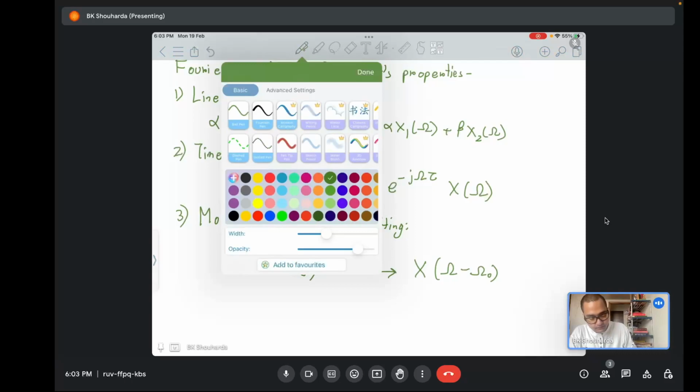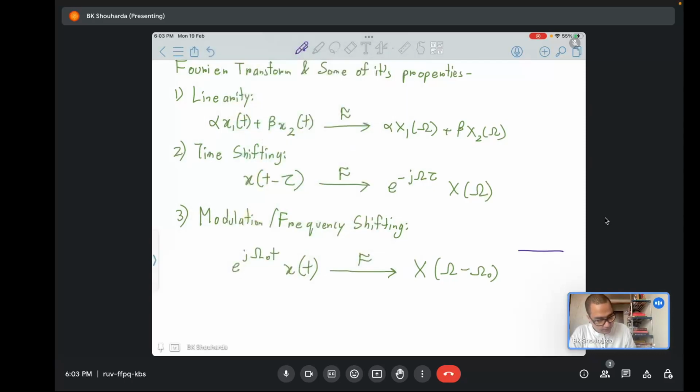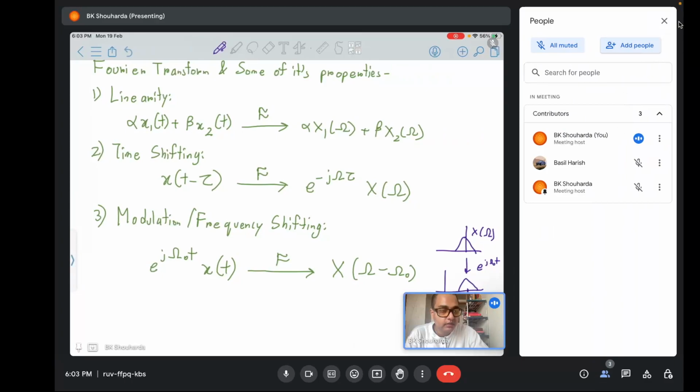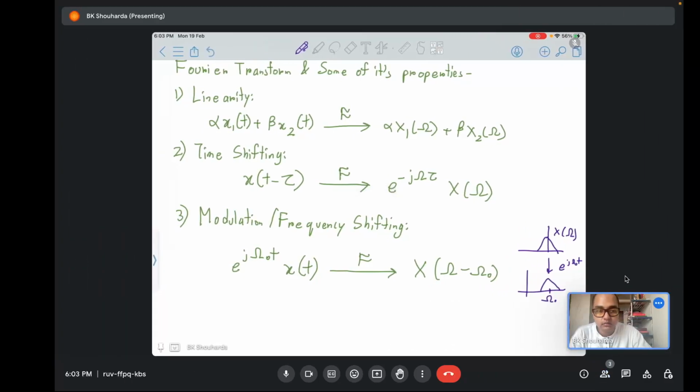So for example, if you have some kind of a signal X of omega which looks like this, now after multiplying it by e to the power j omega naught t, then the spectrum shifts towards omega naught as the center. Is somebody trying to ask something? No, fine.